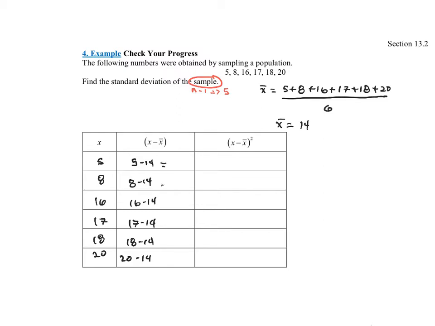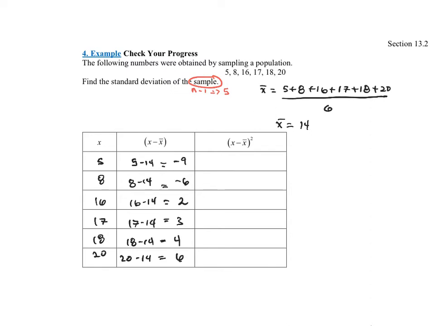Let's go ahead and see what those equal. Put those into your calculator, see what you get. For the first one, 5 minus 14, I'm getting a negative 9. 8 minus 14, I'll get a negative 6. 16 minus 14 is a positive 2. 17 minus 14, positive 3. 18 minus 14, positive 4. 20 minus 14 is a positive 6.